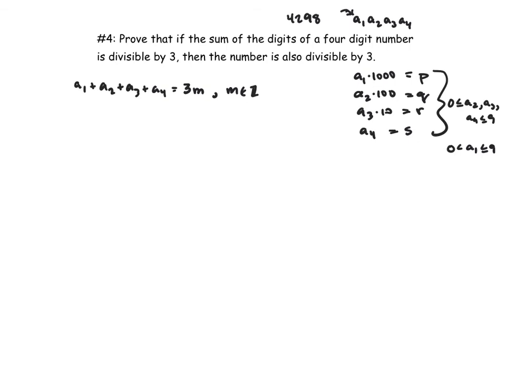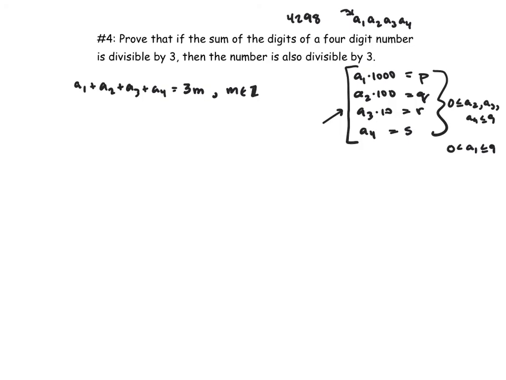So the sum of the digits is equal to 3 times some integer. That is the definition of being divisible by 3. From here, I'm going to try to find a way to link this to the actual number. And I've started the process right over here. I have a way to link it.